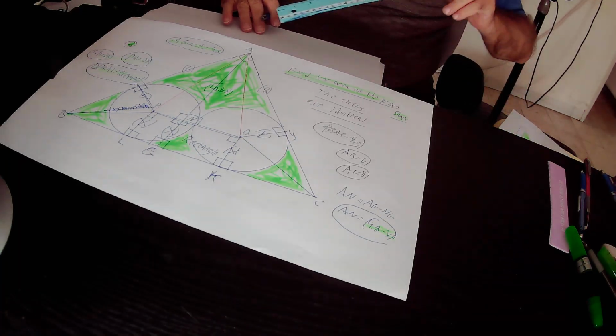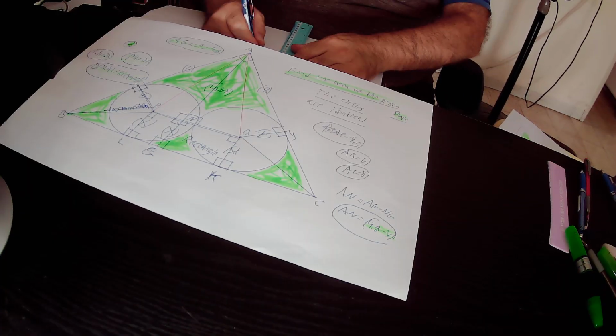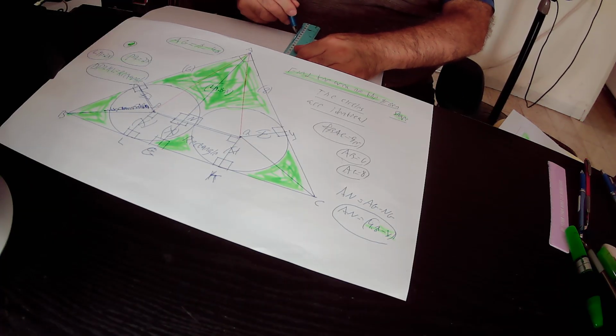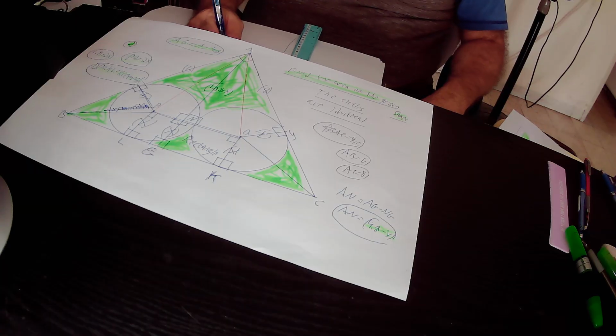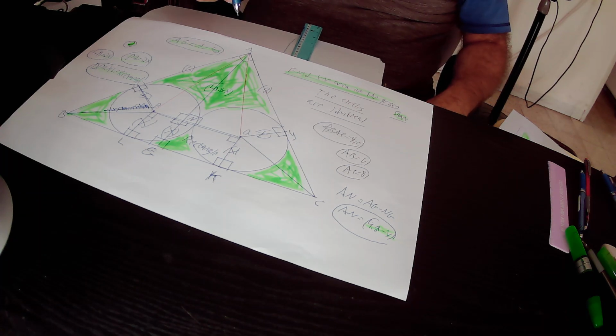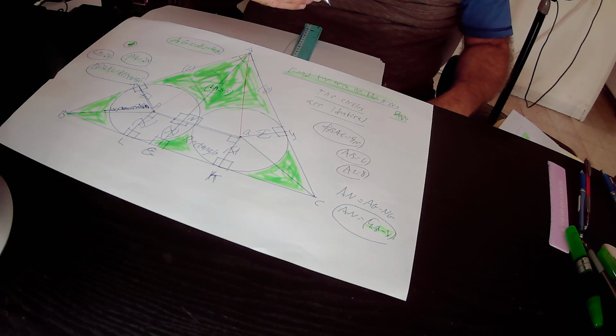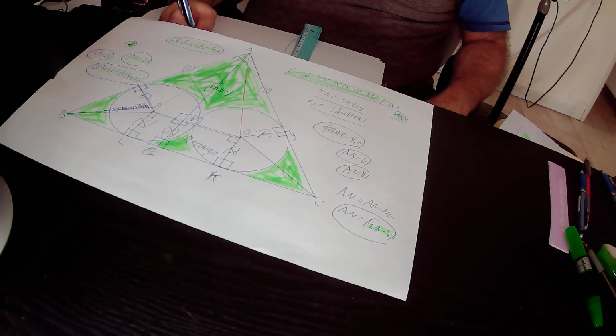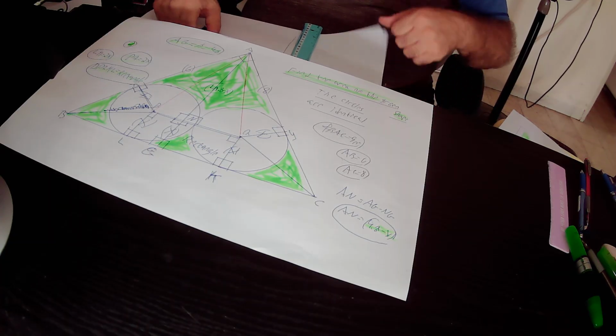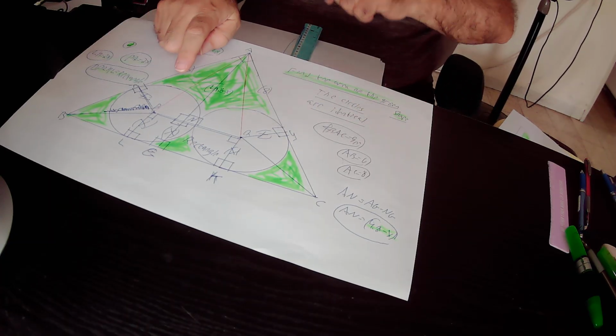The area of the green shape in total is equal to the area of this big right triangle ABC, that is equal to 24 square inches in size, minus the sum of those two circles.